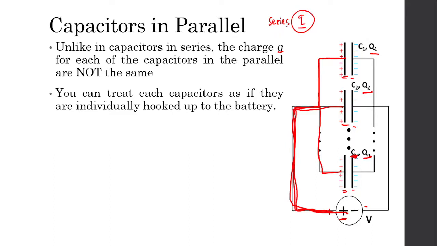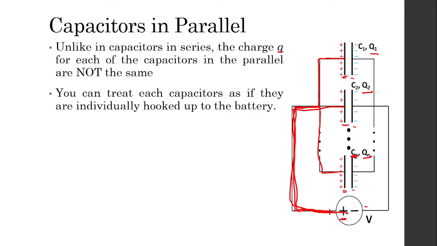We cannot imagine that the capacitors in series are hooked up individually to the battery, because one side of, for example, the end capacitors is connected to the terminal, but the capacitors in between the two end capacitors are connected to each other. They're not connected directly to the battery.